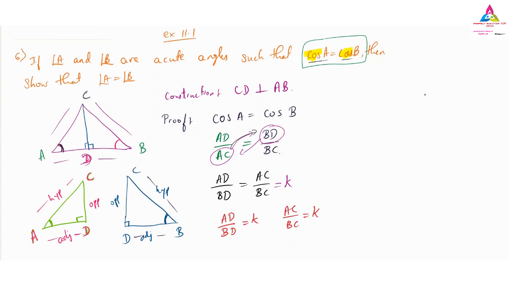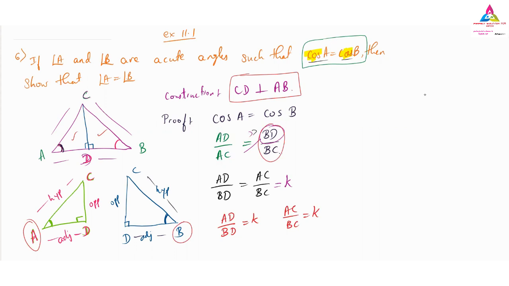Hope you have understood this. I have taken the whole triangle ABC and constructed CD perpendicular to AB. Afterwards, I have taken the two right angle triangles separately. Then I applied cos A and got AD by AC, and here I applied cos B and got BD by BC.